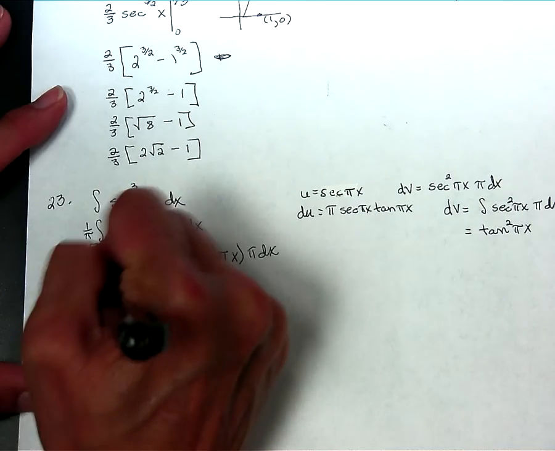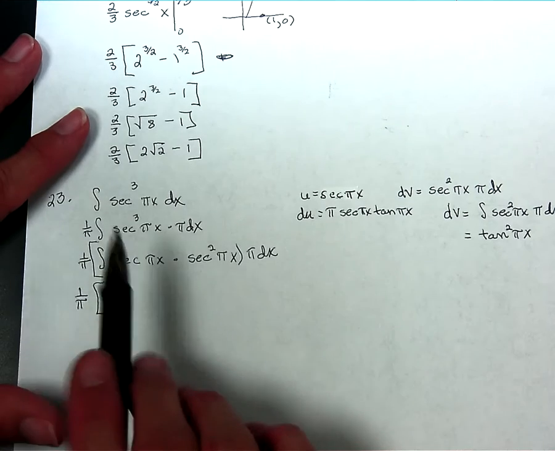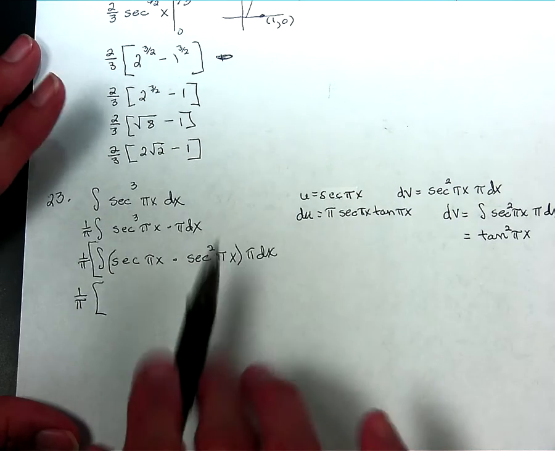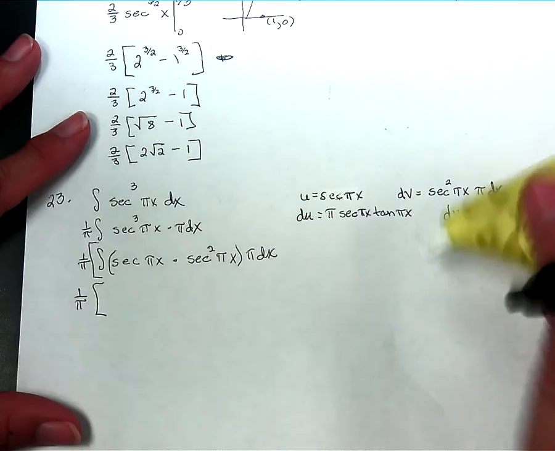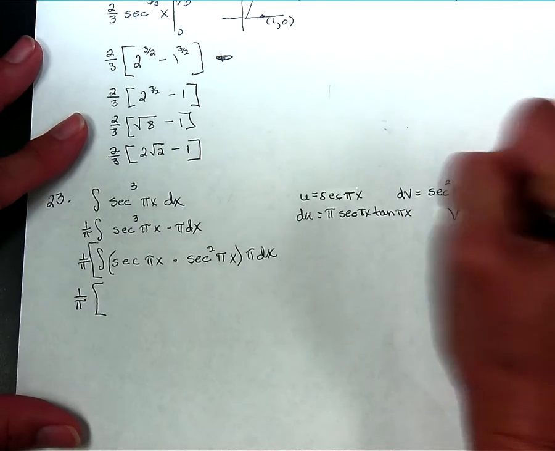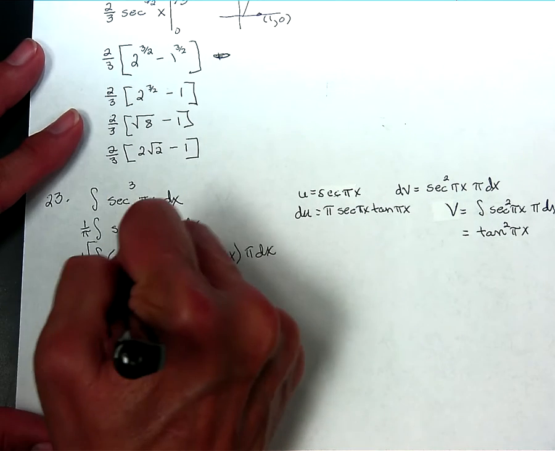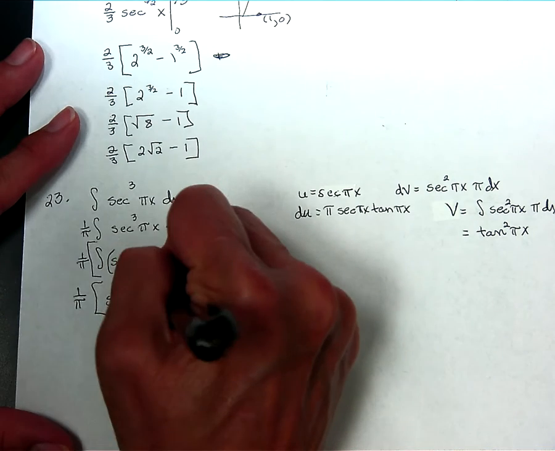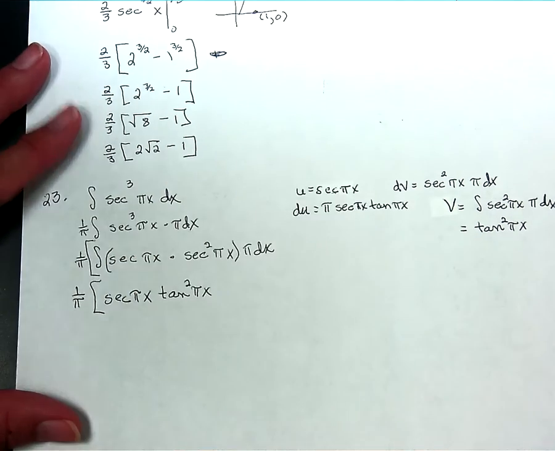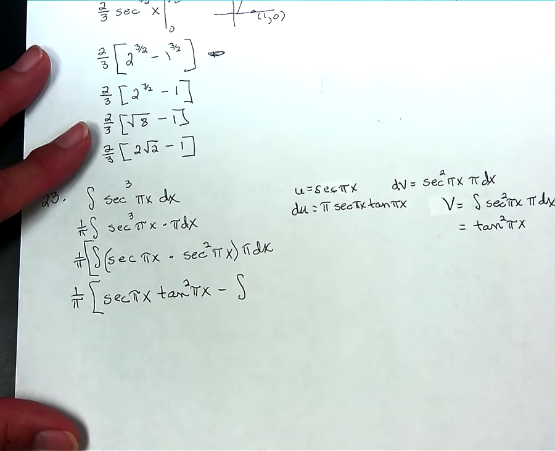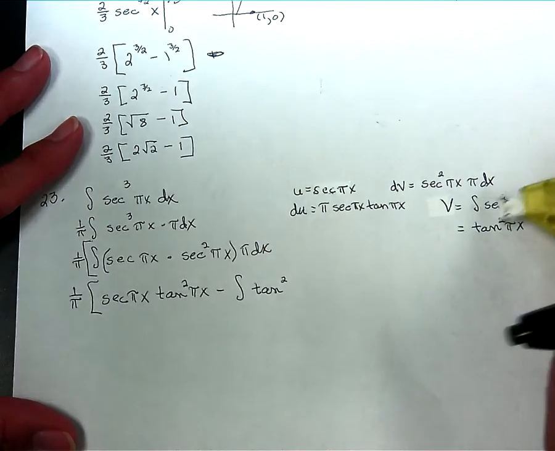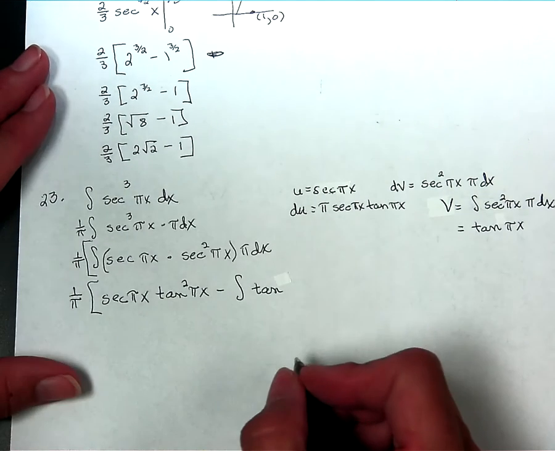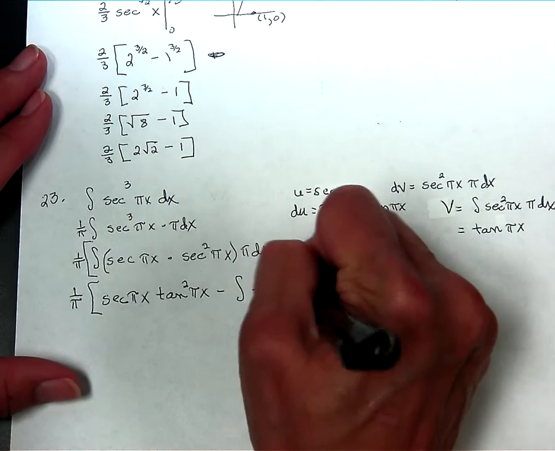All right, integration by parts says keep up with that guy, and the integral of u dv is u times v, which would be secant pi x tangent pi x, minus the integral of v du.